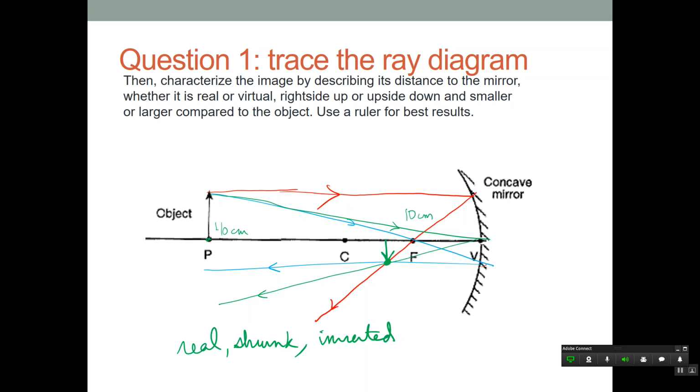If I wanted to give it a height, let's say the height is 10 centimeters. So HO is 10 centimeters. So 1 over f is equal to 1 over di plus 1 over do. 1 over 10 is equal to 1 over di plus 1 over 40.